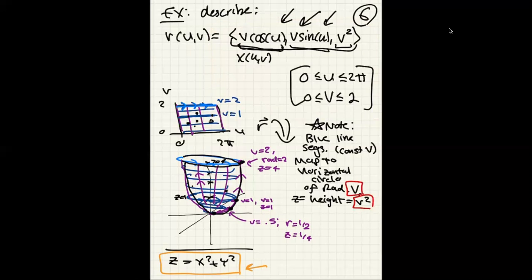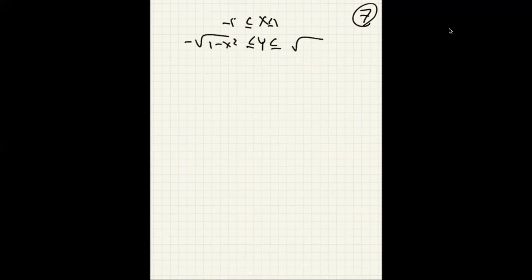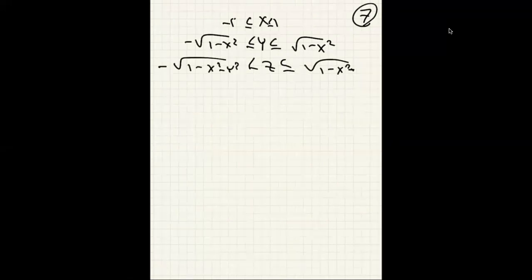Here's the point. I think somebody asked a long time ago when we were describing triple integrals, and I'm moving to this next page. Here's just a total side note. You can talk about the sphere as x between -1 and 1, y between -√(1 minus x squared) and √(1 minus x squared), and then z between the super huge mess, -√(1 minus x squared minus y squared) and √(1 minus x squared minus y squared).